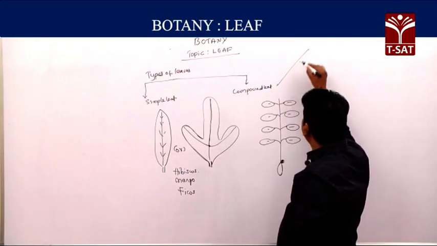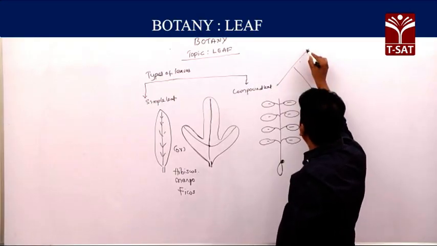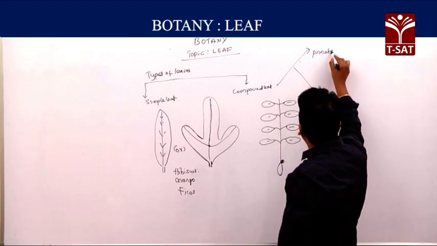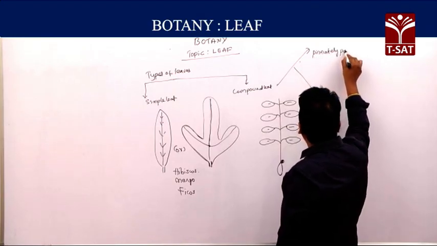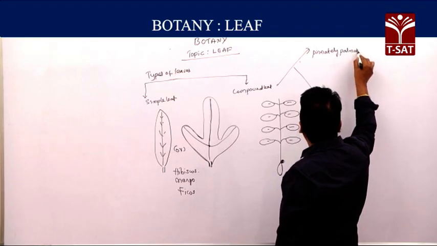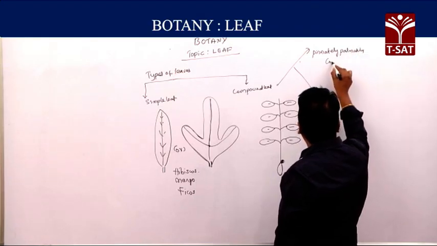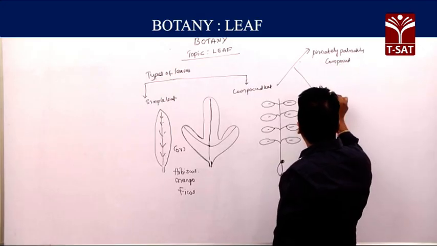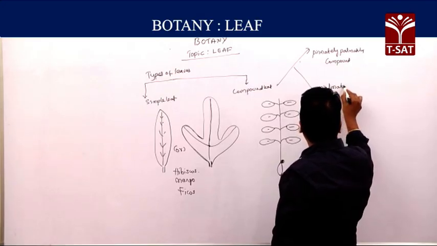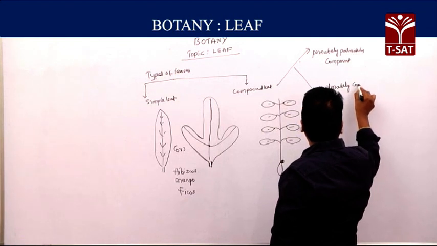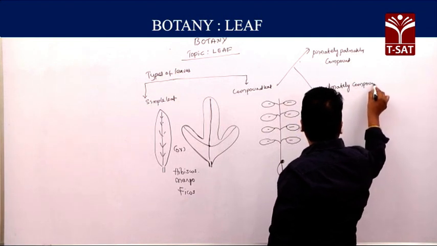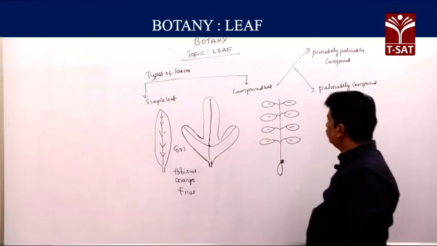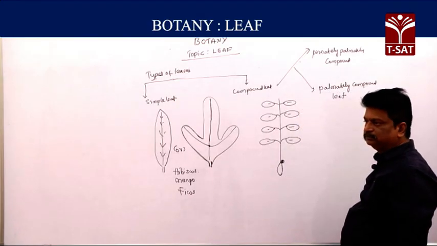And a compound leaf is also of two types. One is pinnately compound leaf, and the second one is palmately compound leaf. First one, pinnately compound leaf.